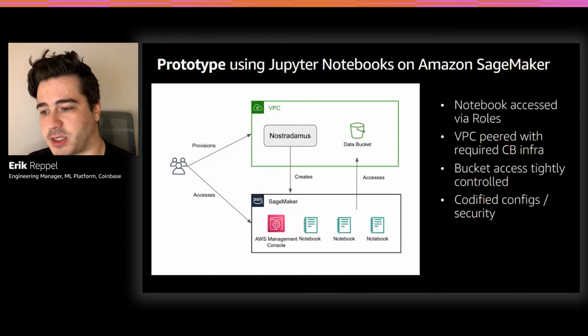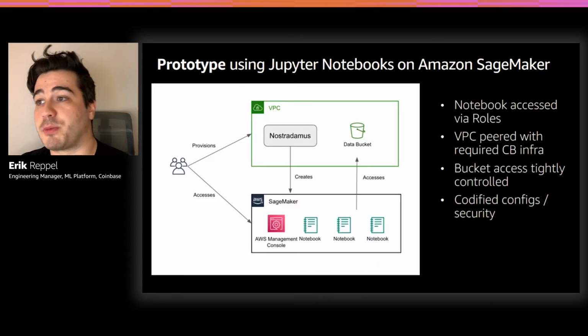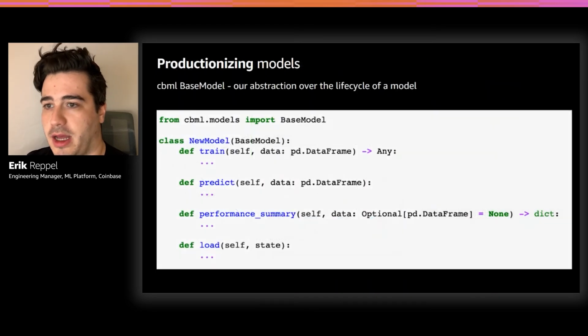We also have tight access policies for our S3 buckets that store our data, again, being codified and requiring +1s through consensus in order to make modifications. After provisioning a notebook, ML engineers can access notebooks via IAM roles in the SageMaker console. We use SSO in order to grant these roles and for users to log in.